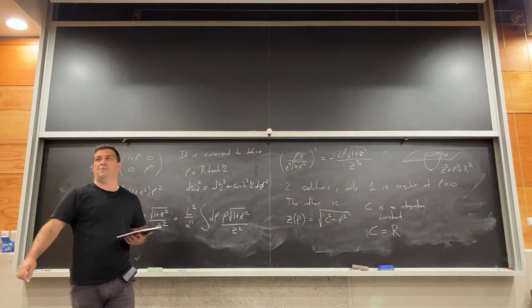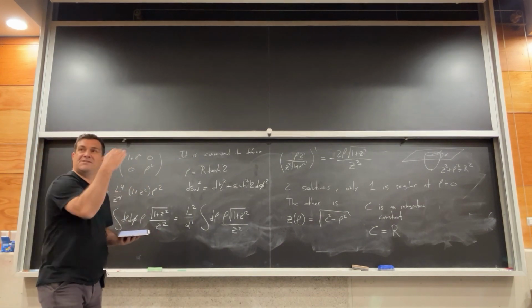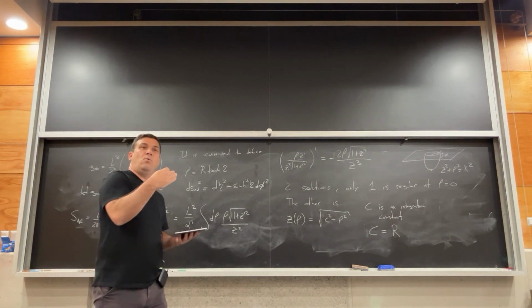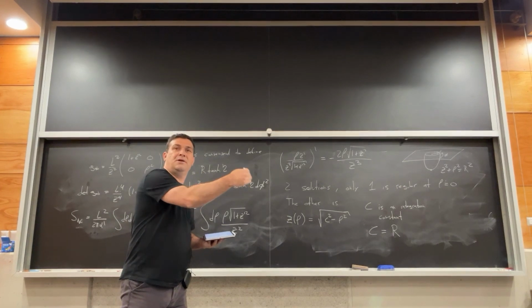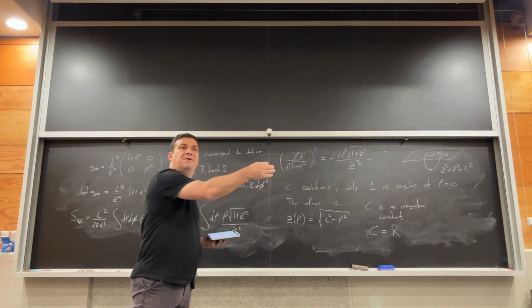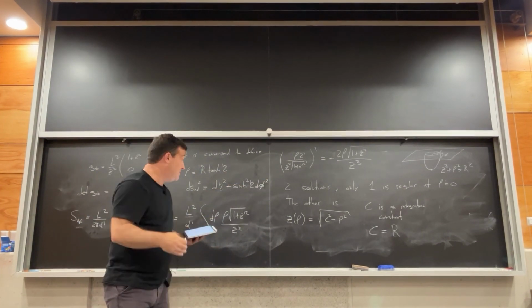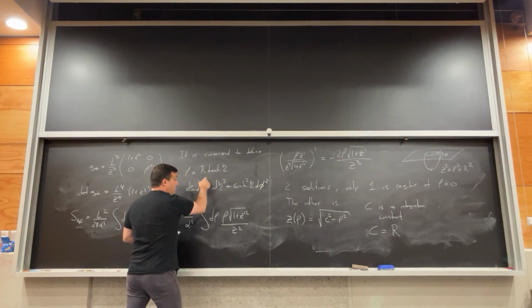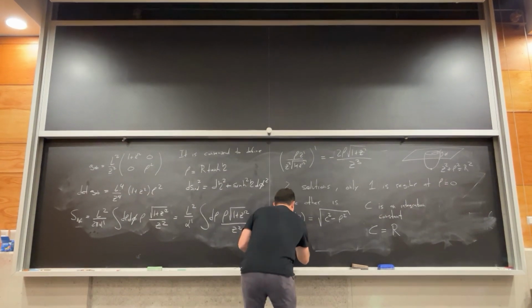It simplifies a lot. So remember, I had 1 over z squared times 1 plus z squared d rho squared plus rho squared d phi squared. When you plug in this change of variables, and with this solution, then this becomes z.